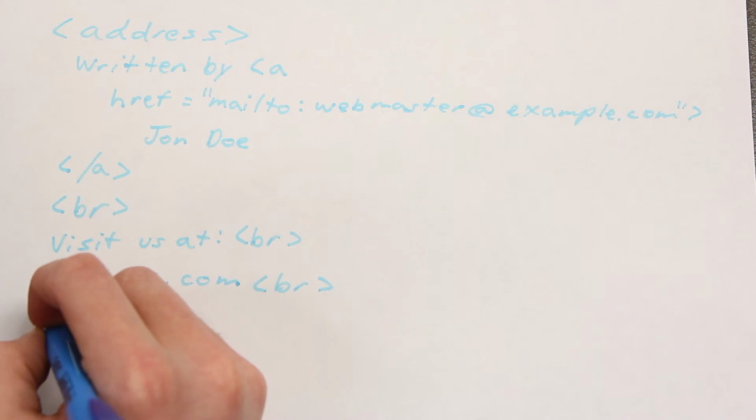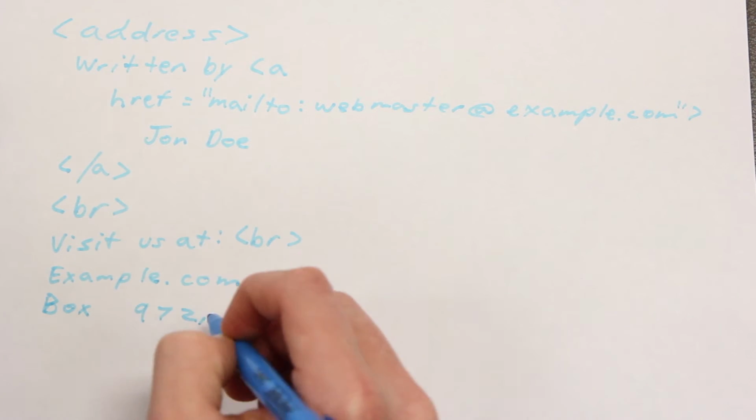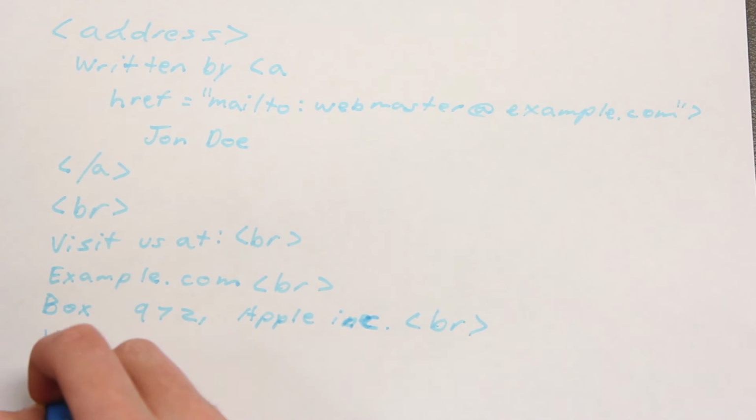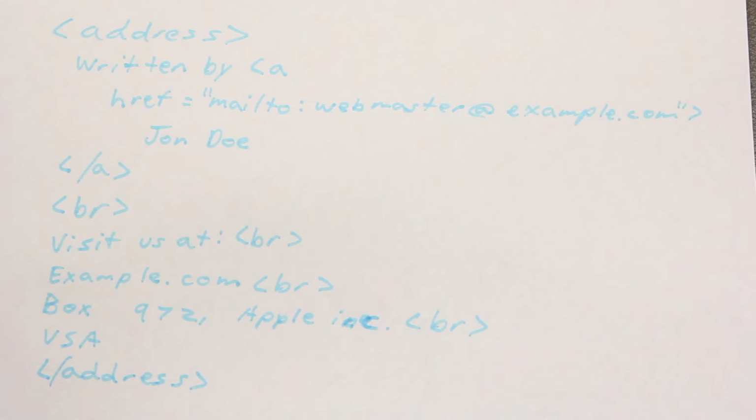It puts the web page, then it breaks again, then it starts to write out the address, the actual physical address. And those are some of the things you can put in there. You can put essentially anything else that describes the author in there if you want to. And like I said before, this displays it as block and sets the font style to italic.